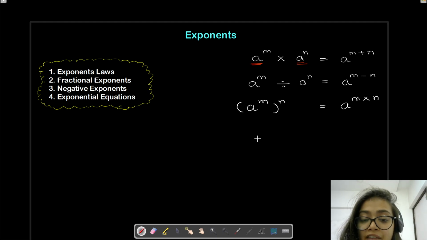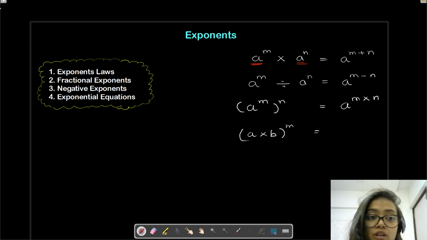Next we have what you could call the distribution of exponents. For example, if you have a times b, and this entire product of a and b is raised to exponent m, in this case the exponent m gets distributed to each of the bases. This m will be distributed to a and it will be distributed to b.